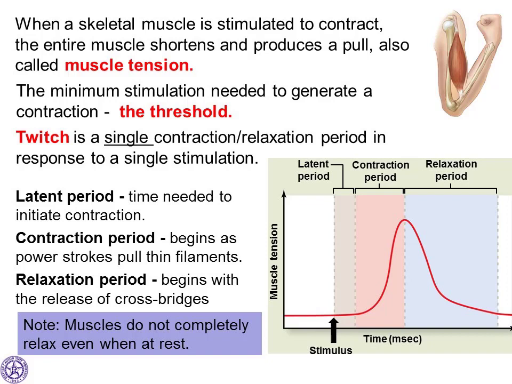Negative 55. That's also the threshold to open what channel? Sodium voltage gated channel. So when we look at a muscle contraction, we're also talking about a threshold that's going to start moving that muscle to enable it to accomplish the work.